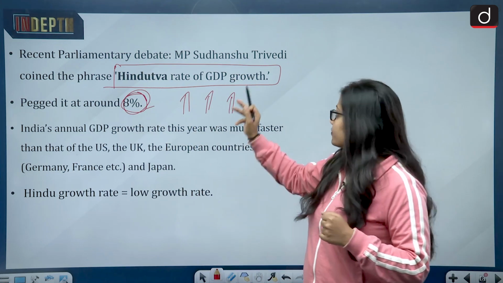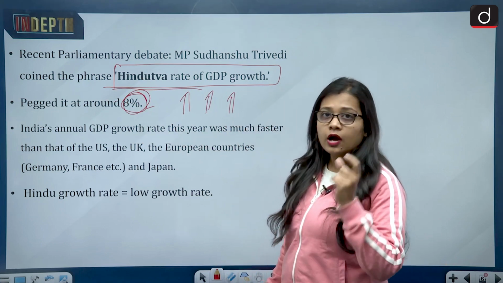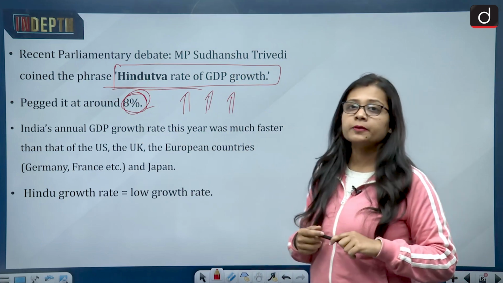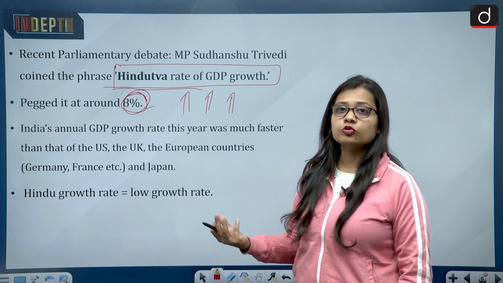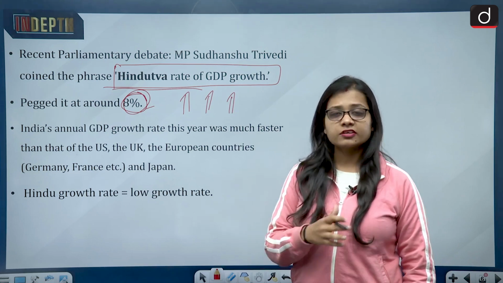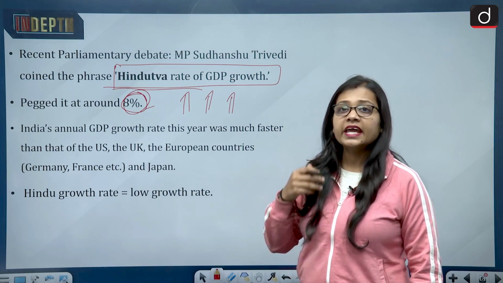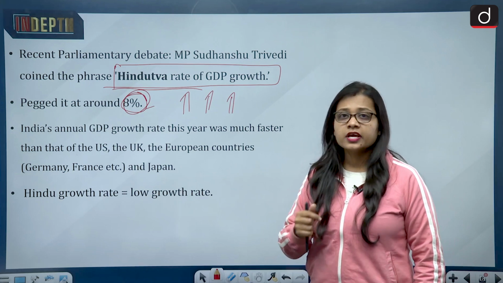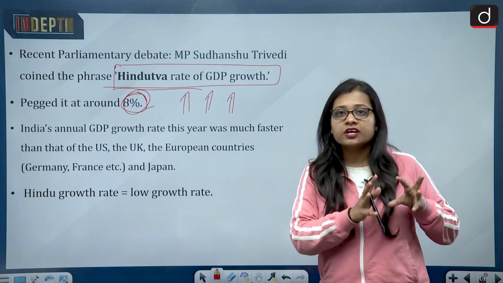It means that the Hindutva rate of GDP growth, according to Mr. Sudhanshu Trivedi, who is an MP, has happened in the recent past, that is in around a decade, that India as an economy is growing and moving forward as compared to other countries.